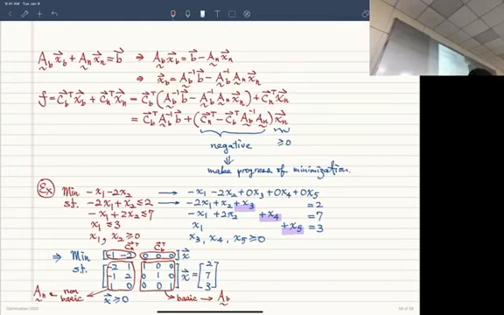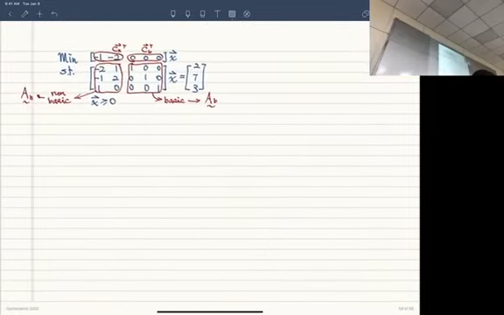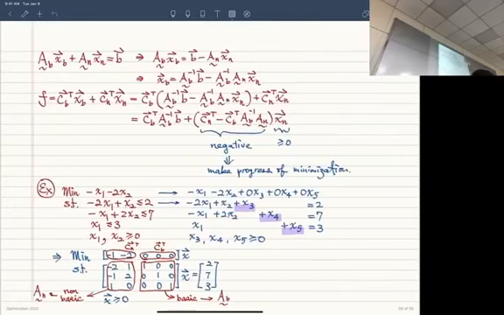Now we will move on to the next page, and we will examine this based on our derivation.